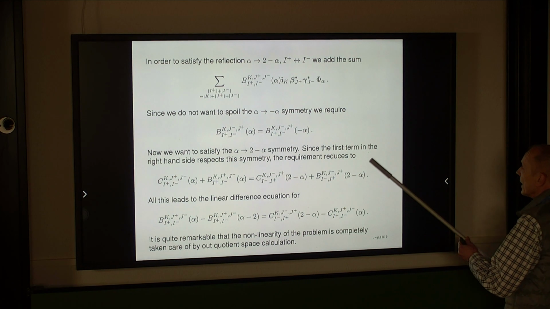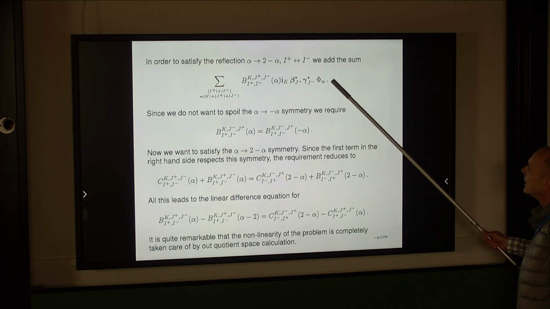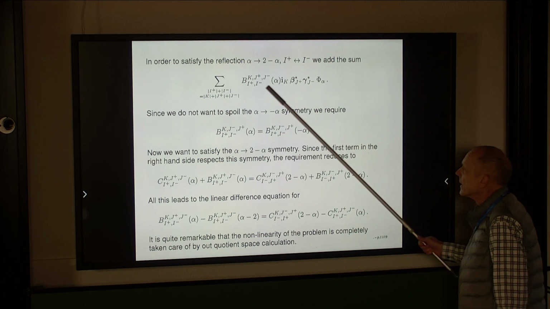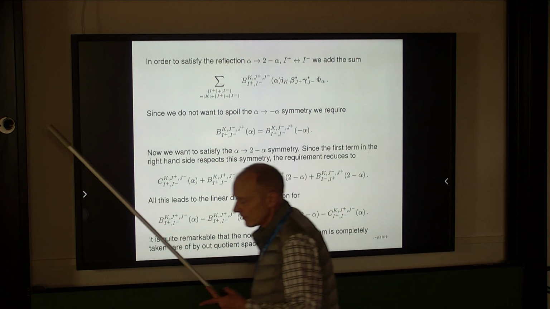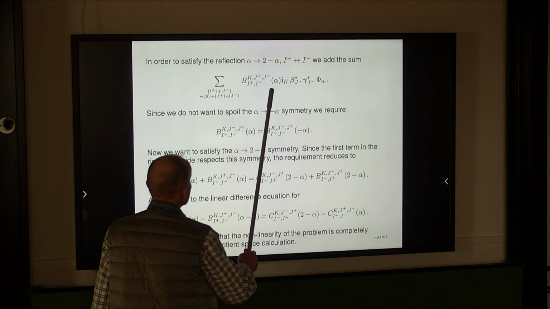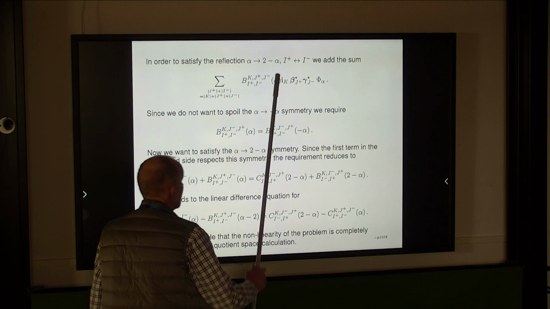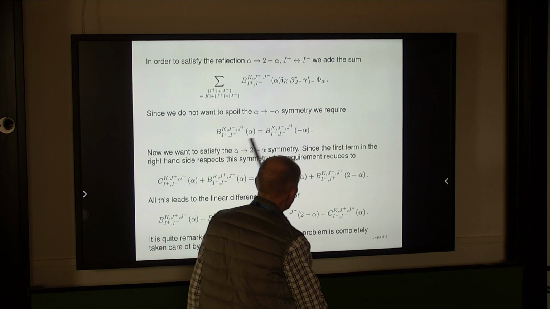I don't want to spoil my relation, my symmetry alpha to minus alpha, which I had before. That's why this coefficient b, which I add, must be symmetric under alpha to minus alpha.